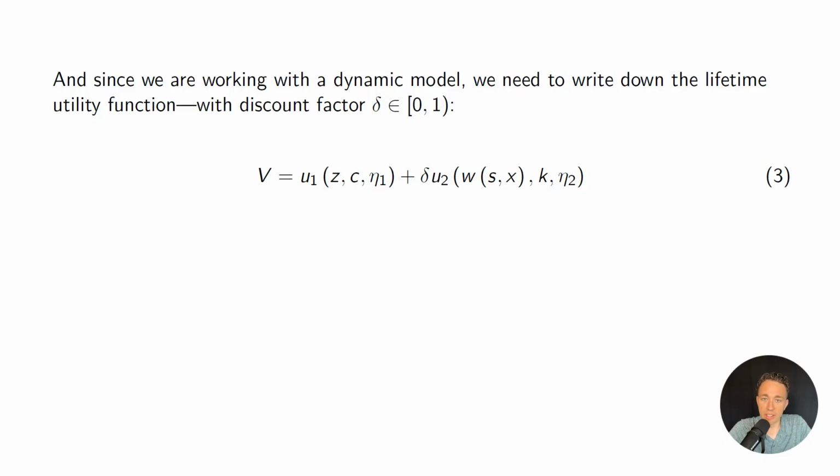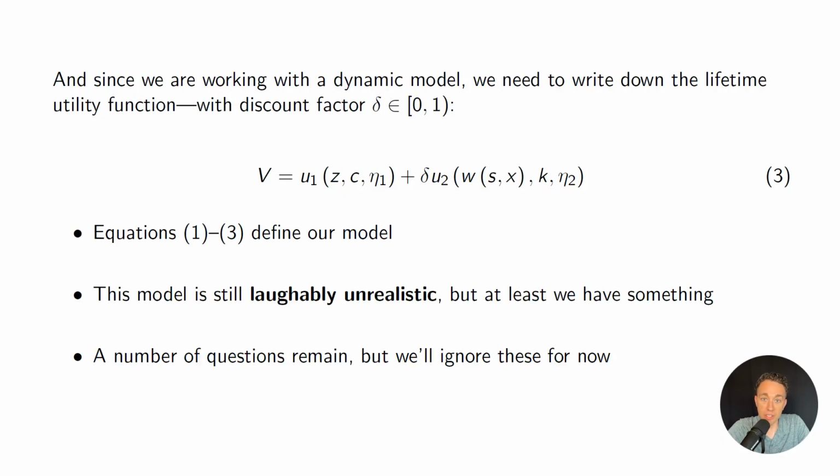And delta is a discount factor that just discounts the future by some amount, and it needs to be between 0 and 1. So these three equations, the Mincer earnings function plus the system of equations for the utilities plus this lifetime utility function, are going to define our model.